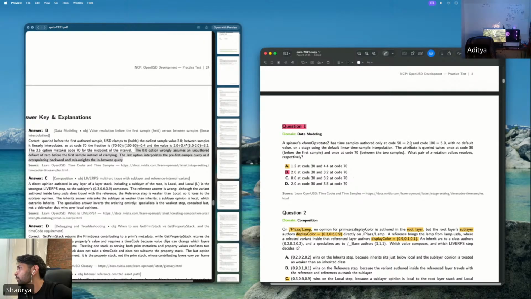So for 75, it would be between 2 and 5, which would be 4.5, I guess. No, not 4.5. 5 minus 2 is 3, and 75 is going to be half, so 1.5.